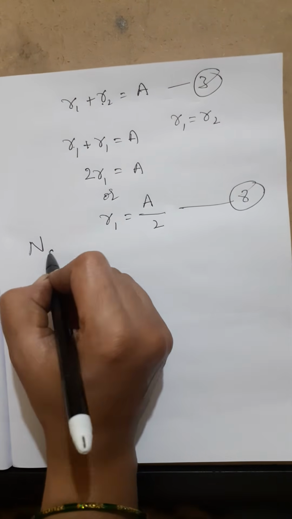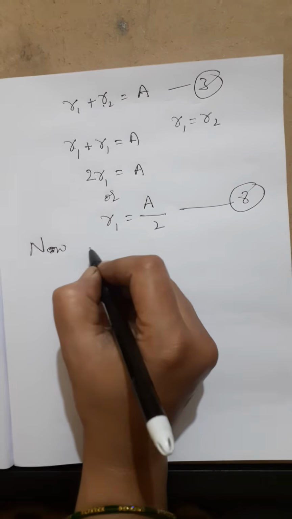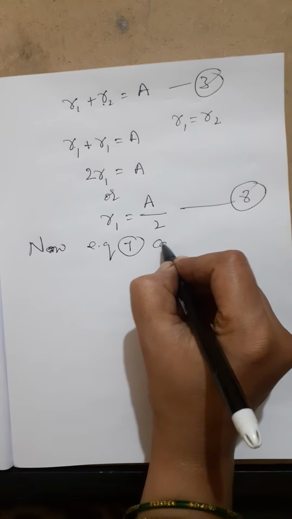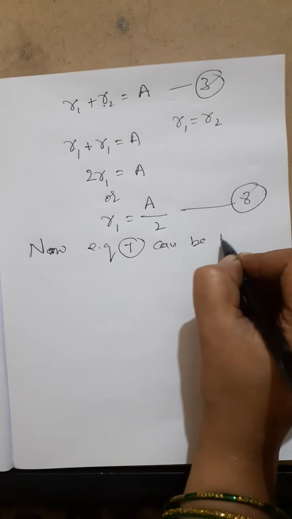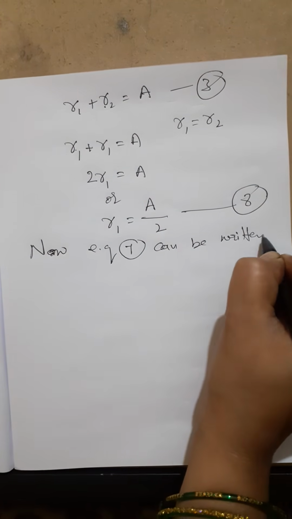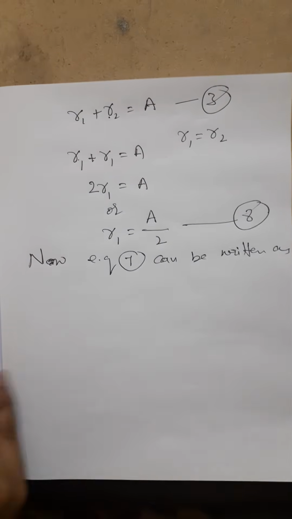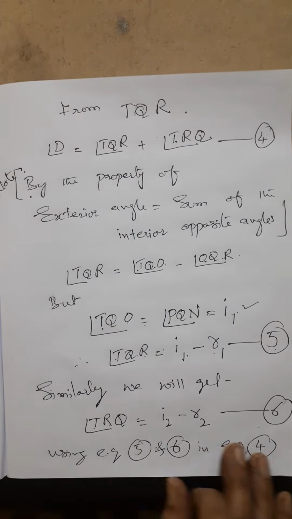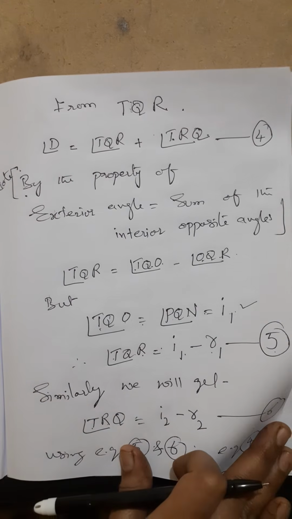Now, equation number 7 can be written as, what is equation number 7?